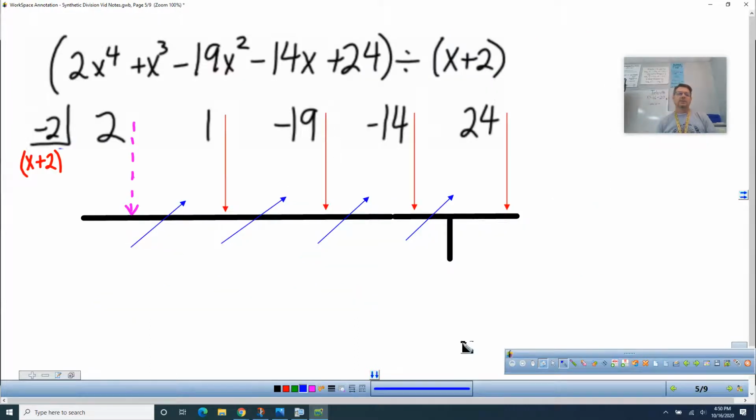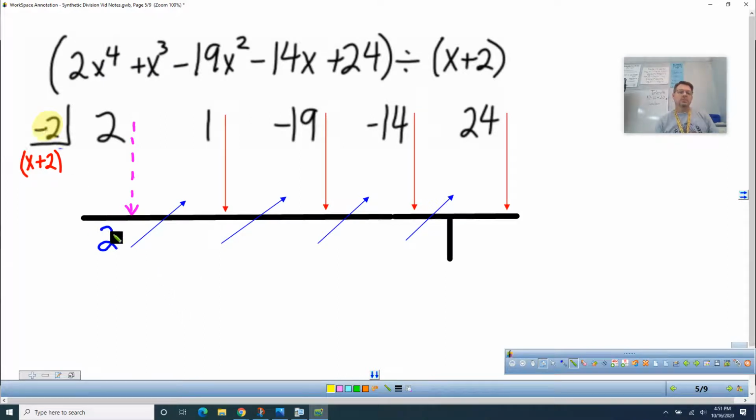Okay, let's look at another example here, and then we'll talk about the different ways it could be asked. So here's our original expression, and we're dividing it by x plus 2. That factor there means we're going to put negative 2 up here. Okay, so we're going to bring down the 2. All right, and then now we're ready to do that multiplication thing, always multiplying by that number right there up in the corner.